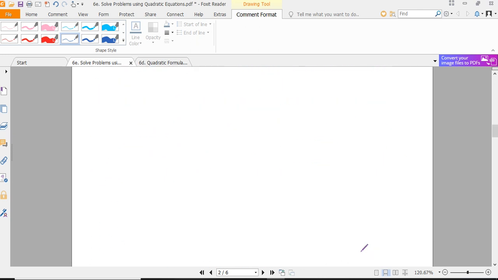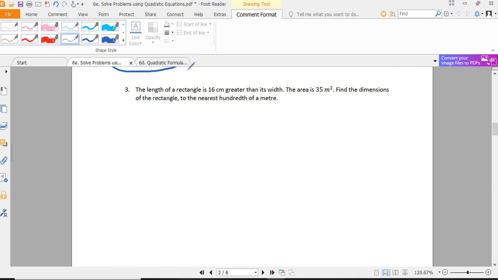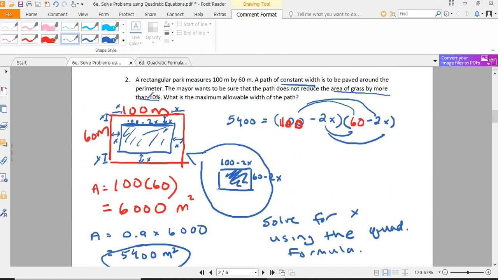Okay, question 3. The length of a rectangle is 16 centimeters greater than its width. So let's say that's the width. Oh, I think I forgot something here. I forgot a let statement. Always include a let statement. Because I see x's everywhere, well, what do the x's mean?